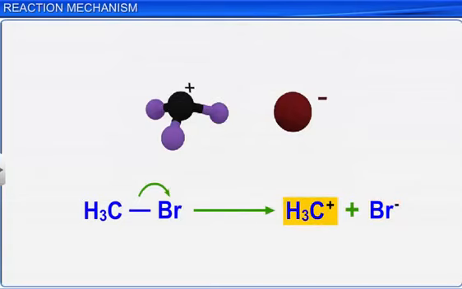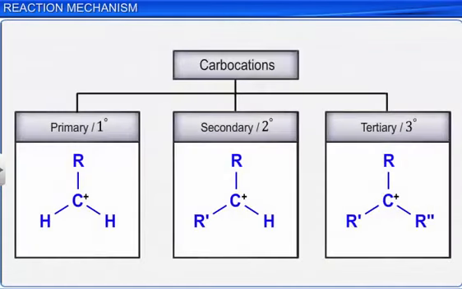A positively charged carbon with a septet, which is the methyl cation here, is called a carbocation or a carbonium ion. Carbocations are very reactive as they have a strong tendency to complete their octet. Depending on the number of alkyl groups directly attached to the positively charged carbon, carbocations are classified as primary, secondary and tertiary carbocations.